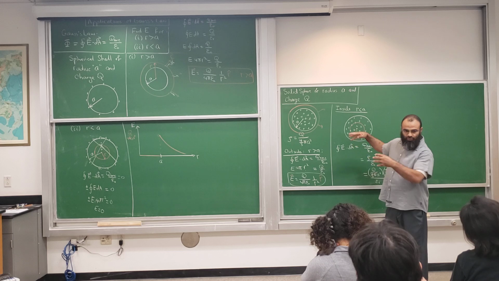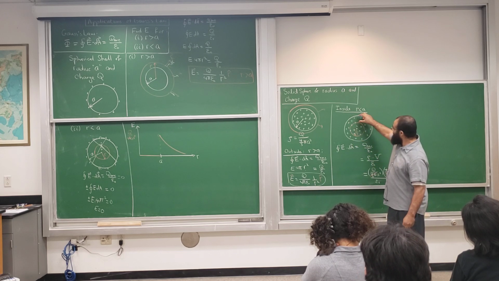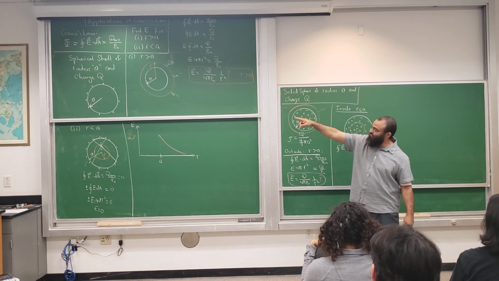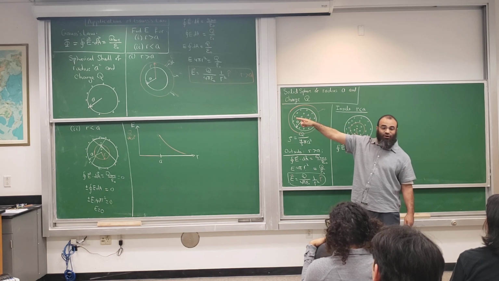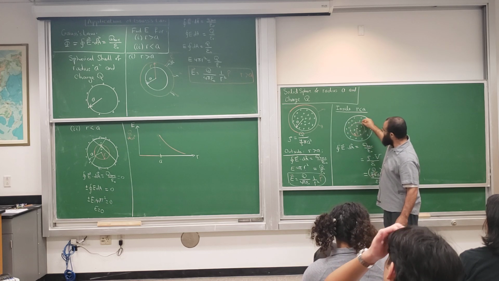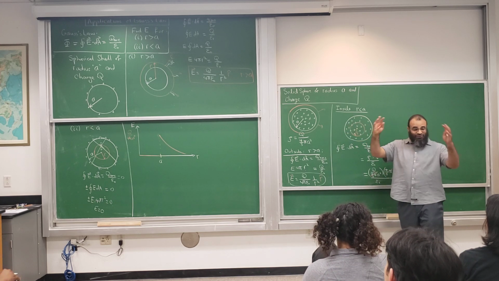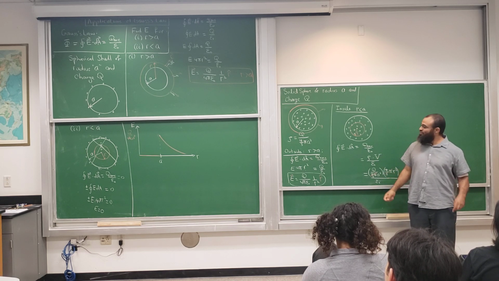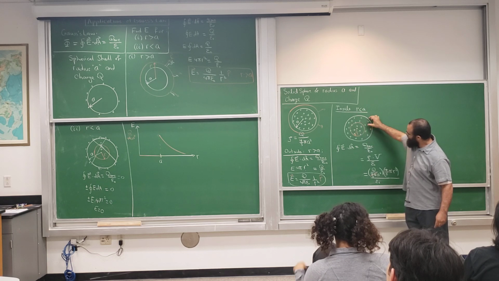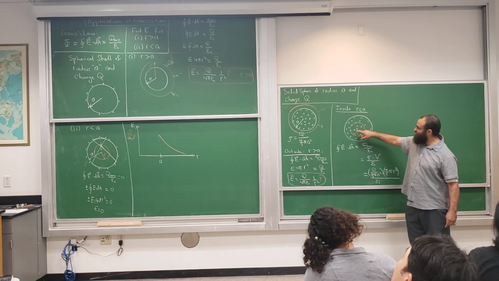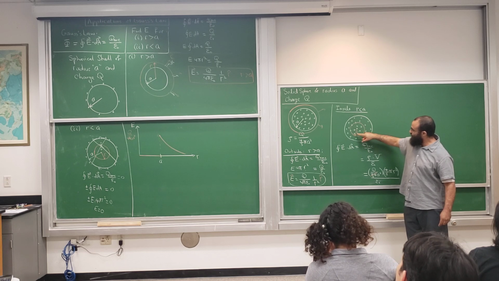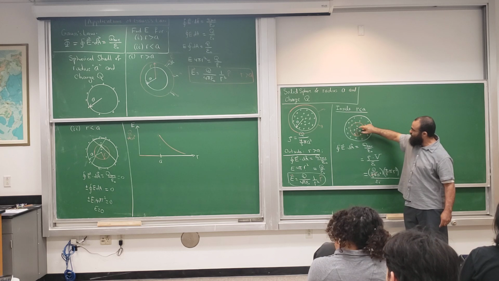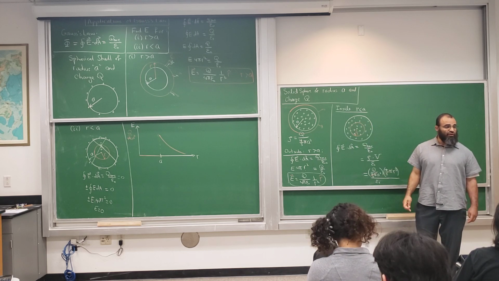Think about the ones inside: they will produce a field radially outward. The ones on the outside contribute nothing. Look at the shell. What was the field inside the shell? Zero. So think of these as a shell on top of another shell on top of another shell. As long as you're inside a shell, the field from that shell is zero. So the only thing that contributes to the field at the surface is the charge included here, which will be radially out.